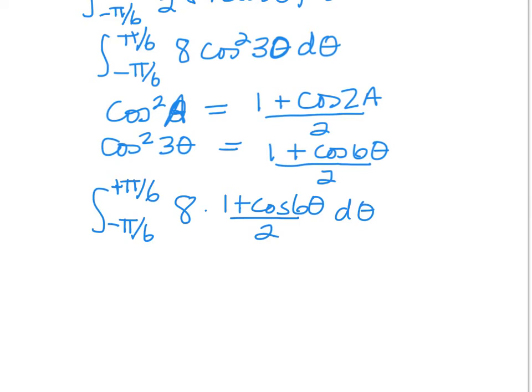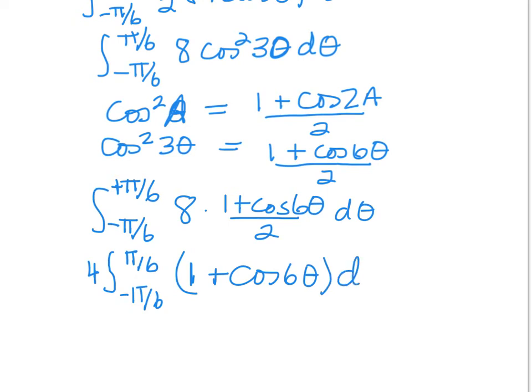Now immediately we see, we've got 8 divided by 2, so that's 4. Let's pull that 4 out in front, and we're integrating still from negative pi over 6 to pi over 6 the function 1 plus cosine of 6 theta d theta.